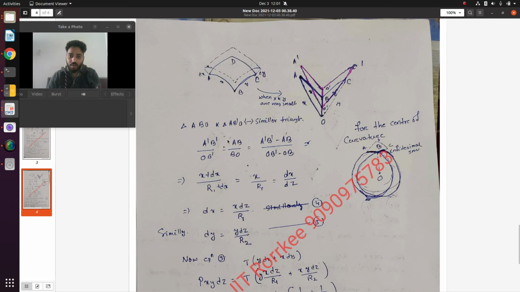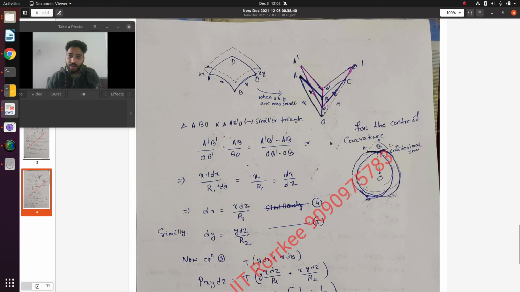Now substitute all this, A prime B prime and AB, in terms of x, y, z and r. You know that A prime B prime is x plus dx. OB, we know that this is r, the radius of curvature r1, and for B prime, we know the shift in the z direction is dz length. Due to expansion, point B is shifted to B prime.